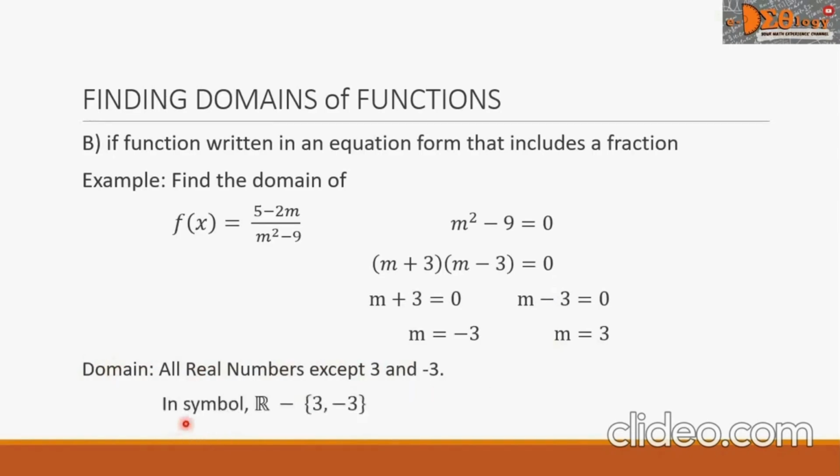In symbol, we can write it like this: R to represent all real numbers, then minus the values 3, negative 3 inside brackets. This is our final answer.